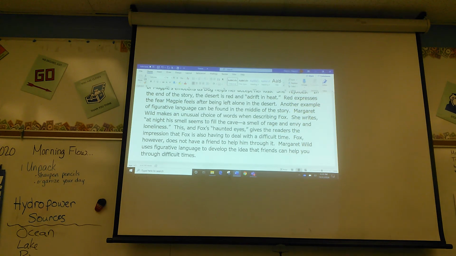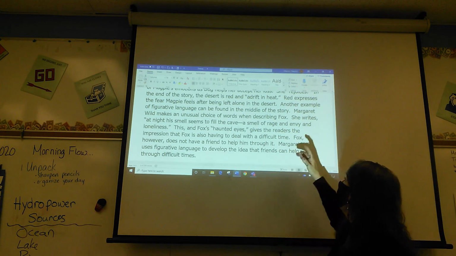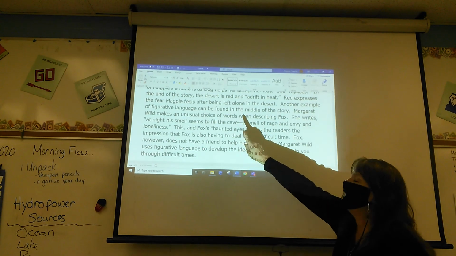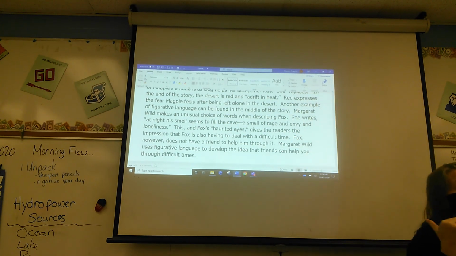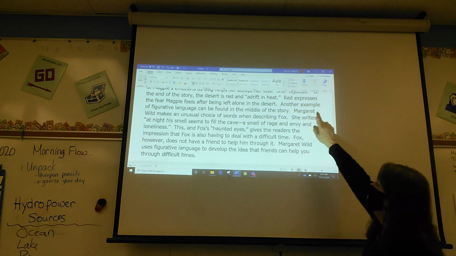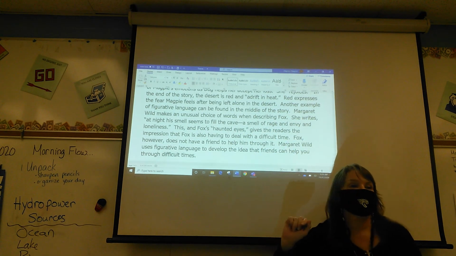All right, so now I'm going to talk about something else because I noticed other figurative language that she used. Another example of figurative language, okay, notice there's no comma here because it flows into the full sentence, can be found in the middle of the story.